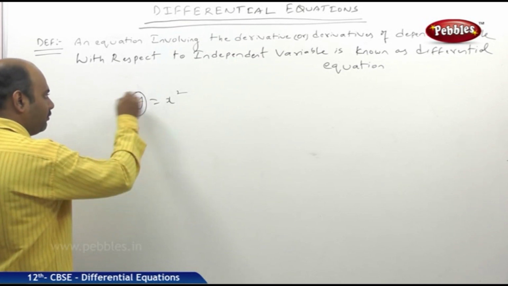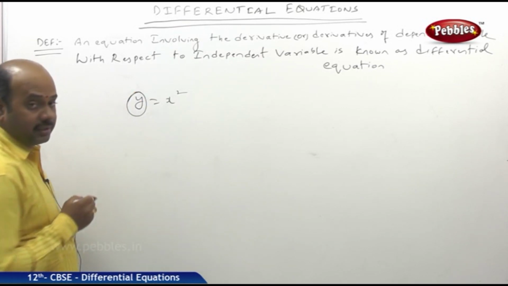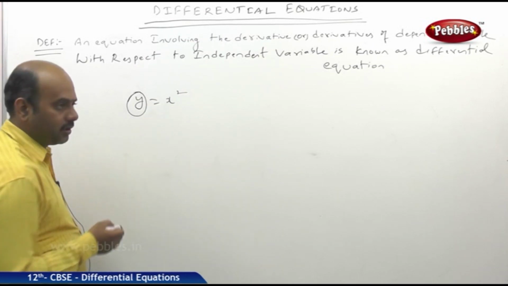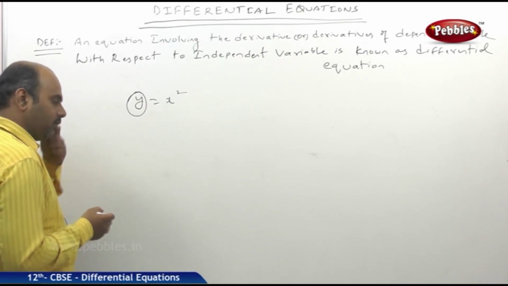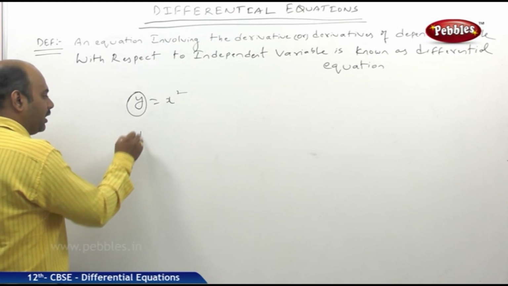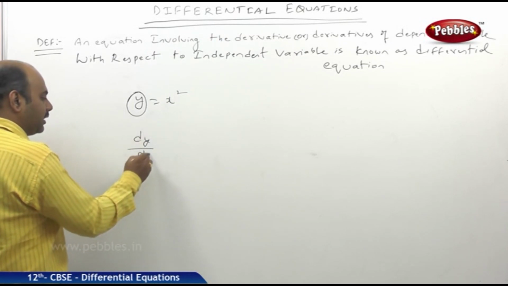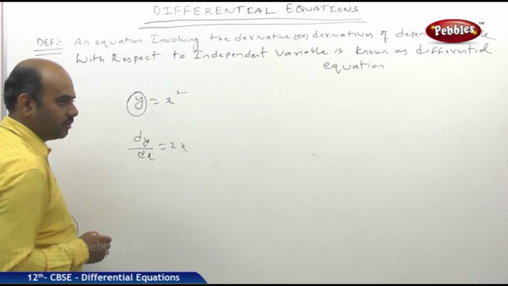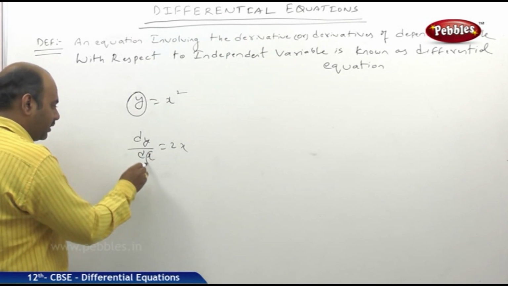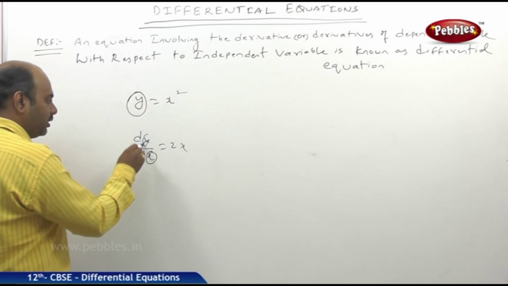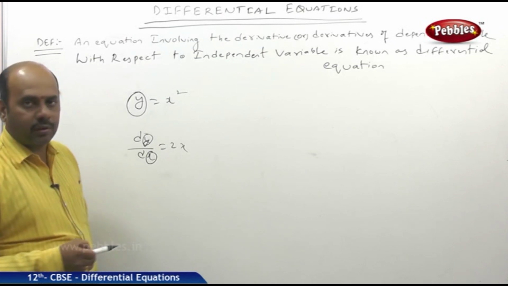Here y we call a dependent variable and x we call an independent variable. If I differentiate, we get dy by dx is equal to 2x. This x we call the independent variable and y we call the dependent variable.